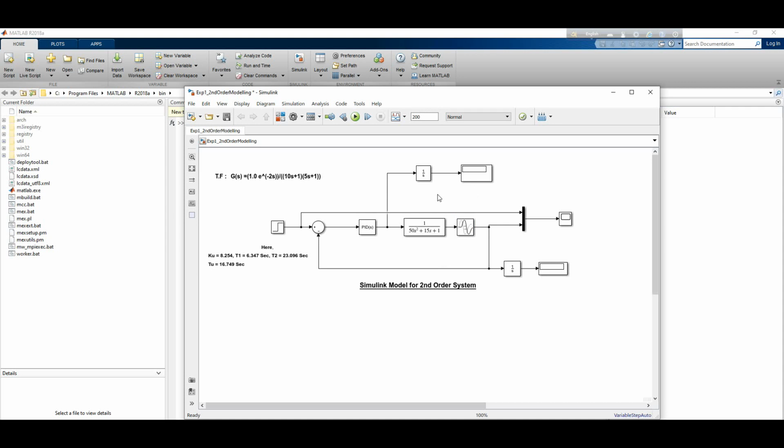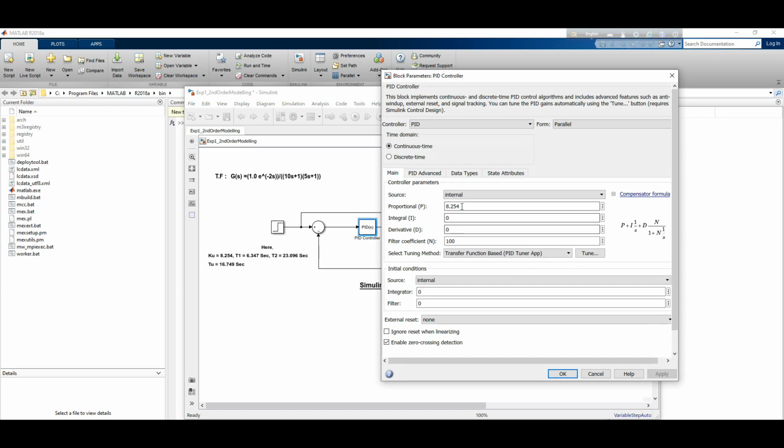The procedure will be the same to determine the sustained oscillation, or uniform oscillation with constant amplitude. Here is a PID block. We gradually and slowly increase the value of the proportional gain, Kp, and I found it at 8.254.